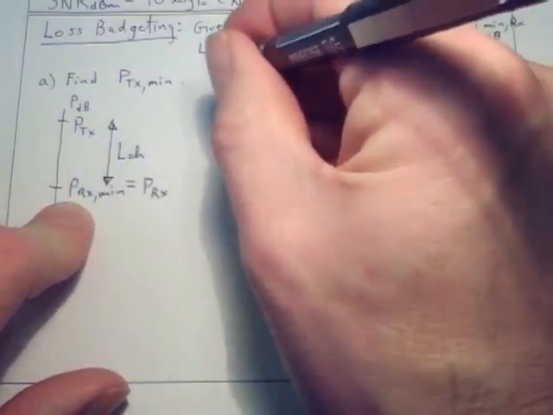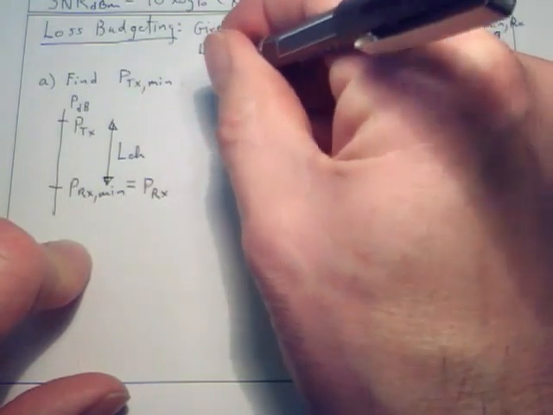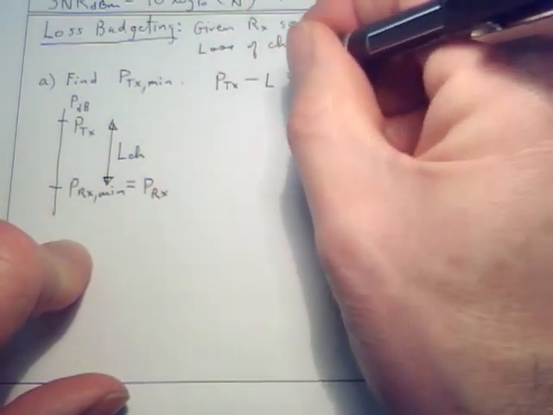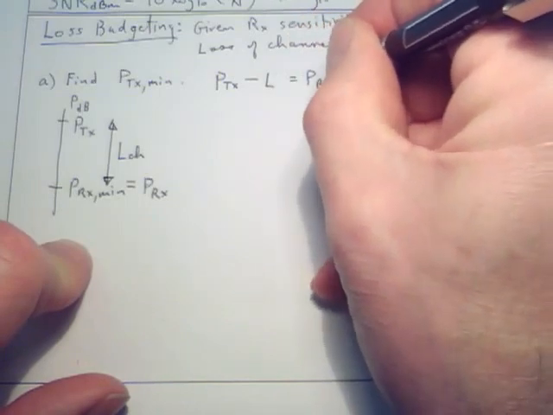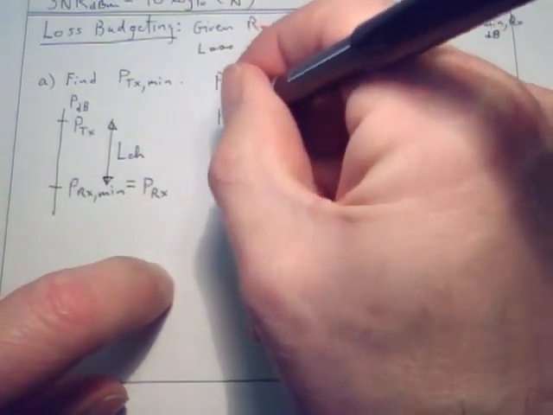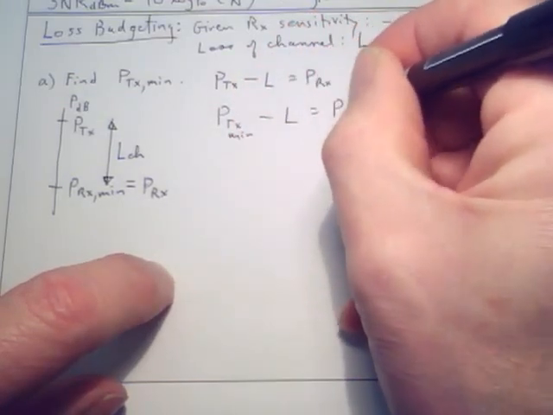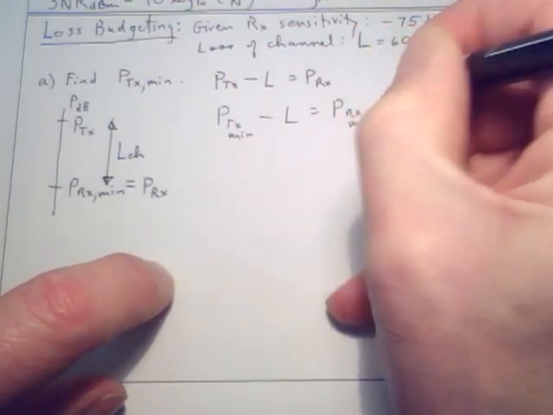Okay, and when the received power is equal to the minimum received power, then that is the minimum transmitted power. And so in general we can write P transmit minus loss is equal to P receive. And in this case we're going to write PTX minimum minus the loss is PRX minimum.